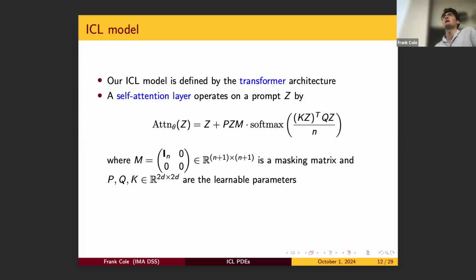And for the matrix, I believe it's applied column-wise in this case.